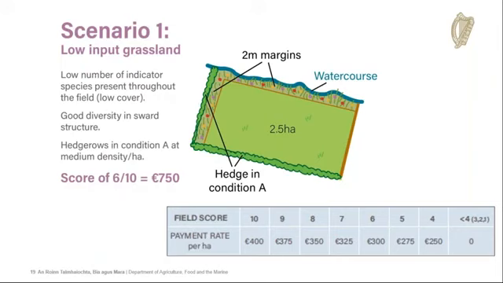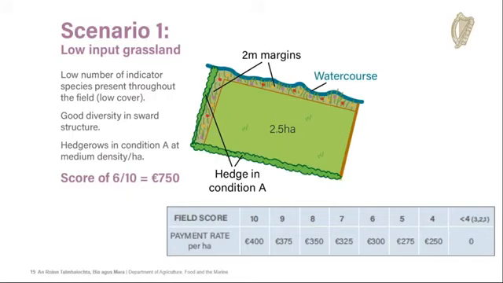This one is a 2.5 hectare field. If we look at the boundaries first, you can see on the east there's a brown line, which represents a post and rail fence or post and wire fence, whatever. That's not included. It will be drawn on the map, but it's not going to be condition assessed, and there's no payment for that.